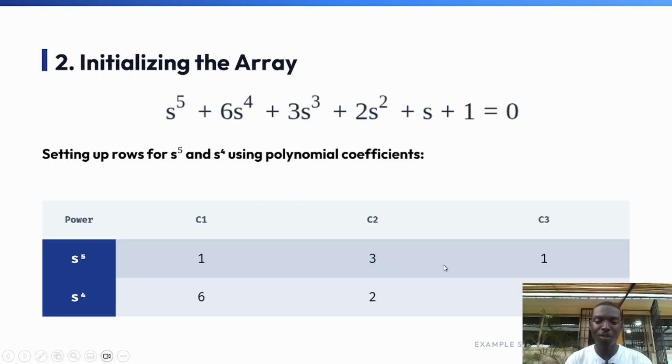That's why we have 1, 3, 1. And then for s exponent 4, we take its coefficient 6, we'll move to the next one 2, and then 1. With this, we can continue to fill in the other values in our array, from s cubed all the way to s exponent 0.